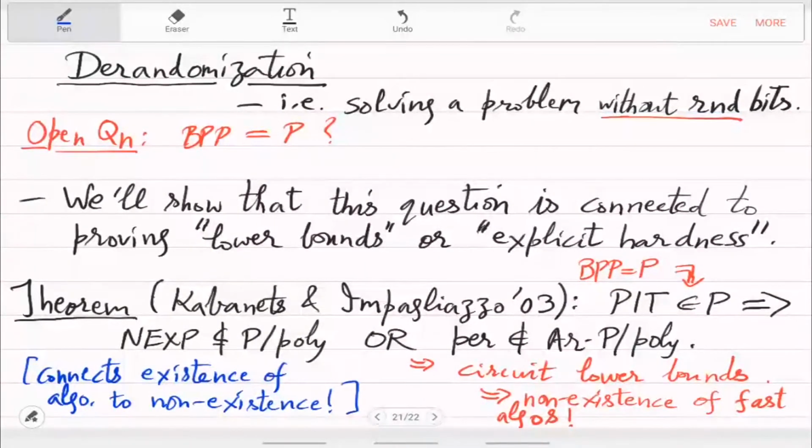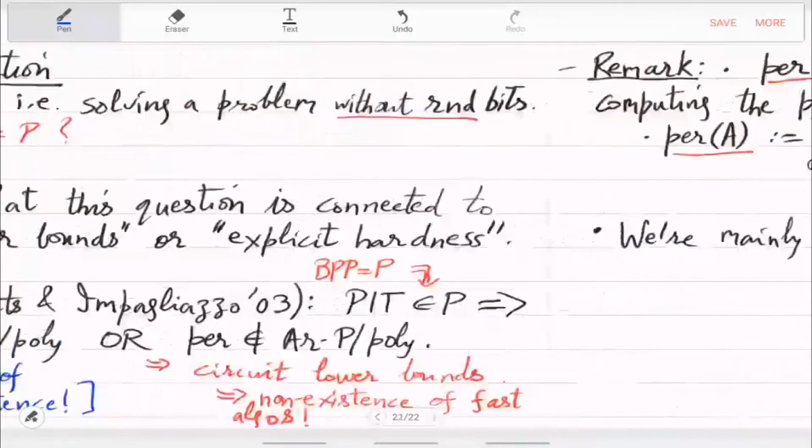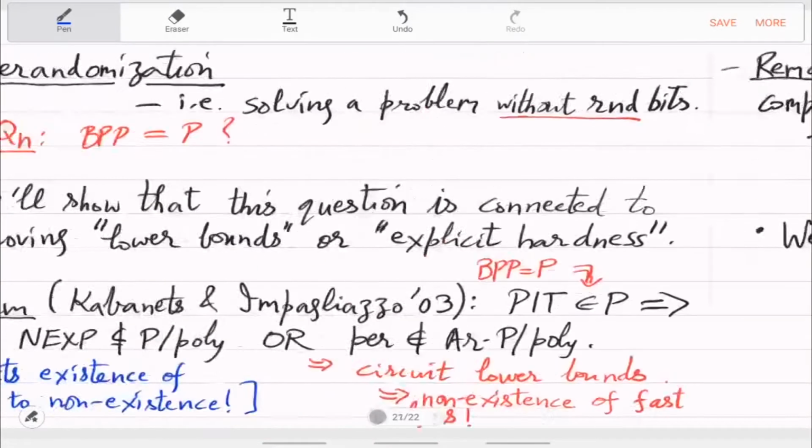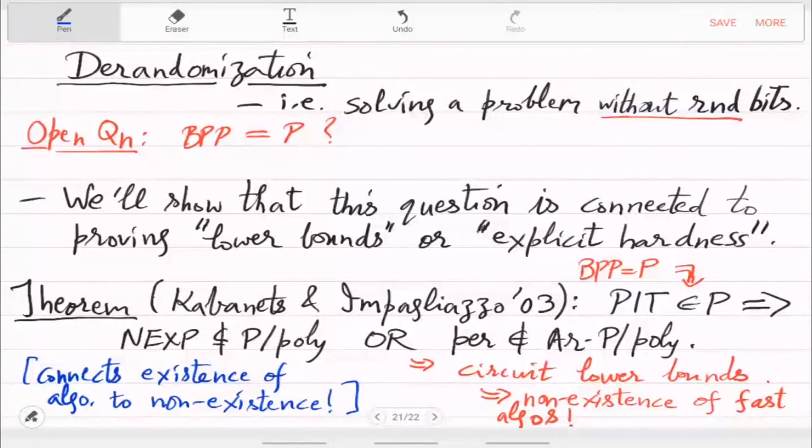So we actually believe in all these three things. We believe that BPP is P, so PIT is in P. We believe that NEXP has hard problems, even EXP has hard problems which cannot have small circuits. And the permanent is a polynomial which is hard and cannot have arithmetic circuits of polynomial size.